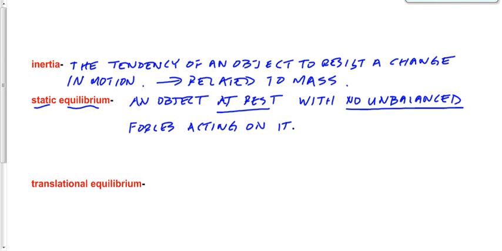Another term, by the way, for unbalanced force is a net force. The net force is the total or unbalanced force acting on something. My net salary on payday is my gross salary. If you guys have a job, you'll see your pay stub. It's itemized like this. You see your gross salary. That's the amount of money that you make in the month or in the 2-week period or whatever your pay period is.